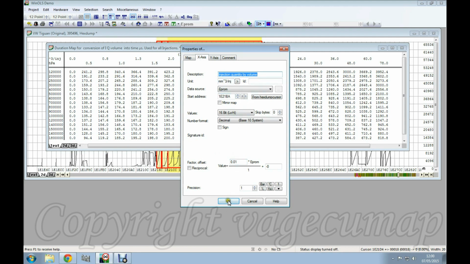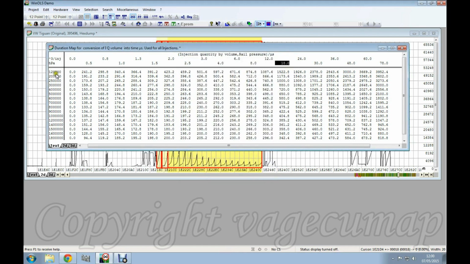So that's what we're using, volume. On the side here, what we've got is the available rail pressure from the fuel pump putting pressure into the fuel rail, and this is generally going to rise with engine revs, so you can sort of say that engine revs are being taken into account at the same time.